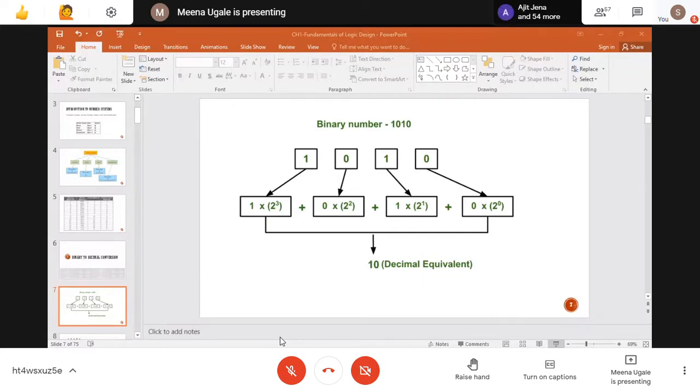the final answer. Ma'am, the slide has not changed yet. Which one? Another slide is visible, slide number 8. No, ma'am. On 7 it is stuck. I don't know what the problem is.